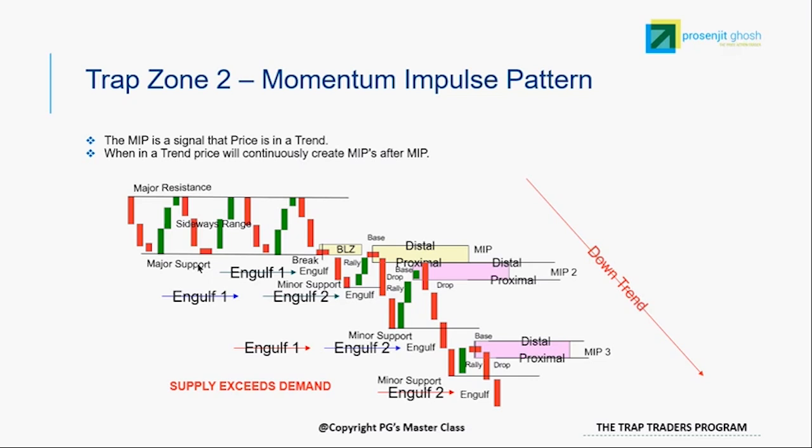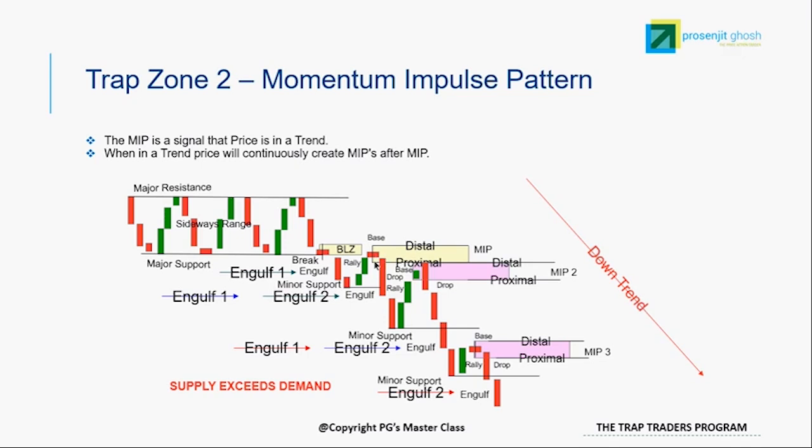But that doesn't mean that every time a MIP has to be created by the reaction of any other zone, like this one. This one got created on its own. It's an authentic MIP. As you can see, it is not created by a reaction of any other zone. The same, this MIP here, MIP number 2 is a reaction of MIP number 1.